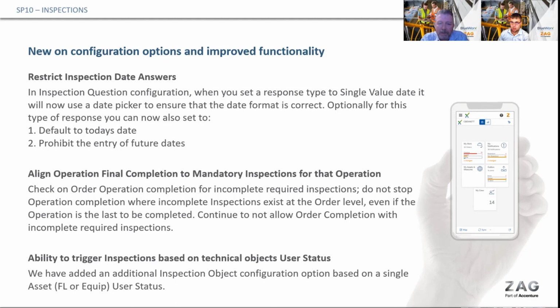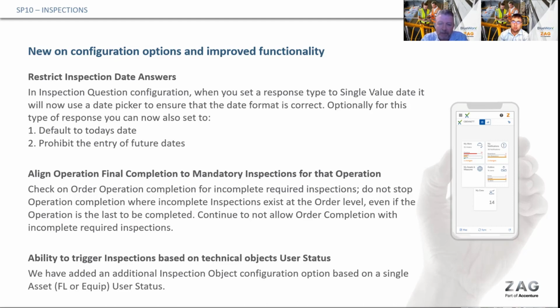The other thing is that we now stop prohibiting you from completing an operation if there are outstanding required inspections on the order. That was some feedback from customers that that was sort of not intuitive. So there are some warnings there, but we no longer stop you from completing it.